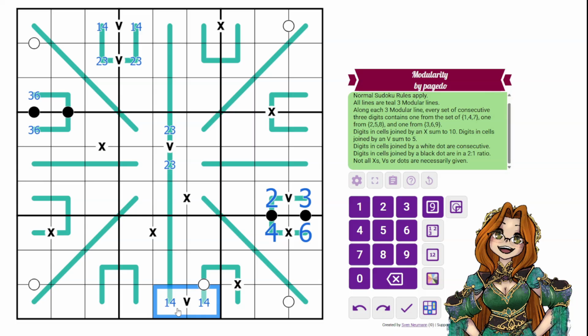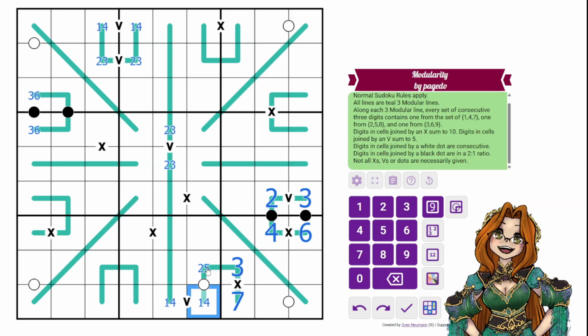We already have the 1 and 4 looking at this, so it has to be a 7 plus 3 equals 10. Which means this is from the 258 group. We can pencil that in. And we can also say what is consecutive with 1 or 4. Not 8. It could be 2 consecutive with 1 or 5 consecutive with 4, but it cannot be 8.